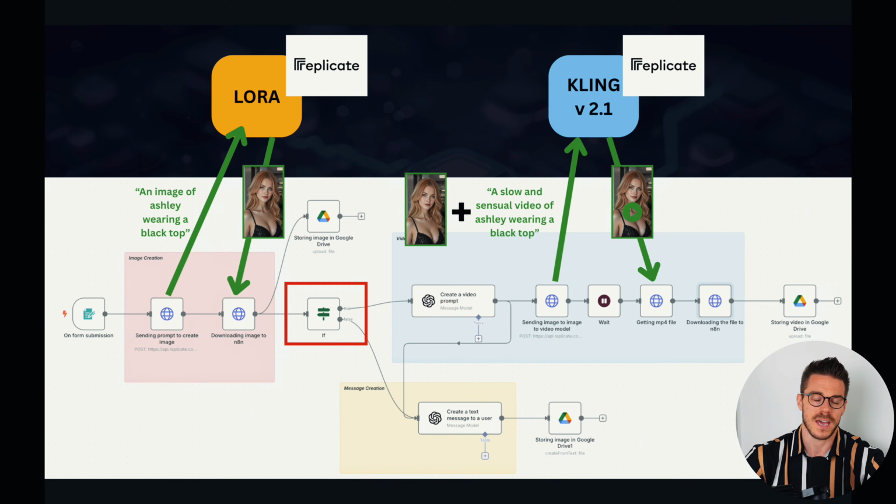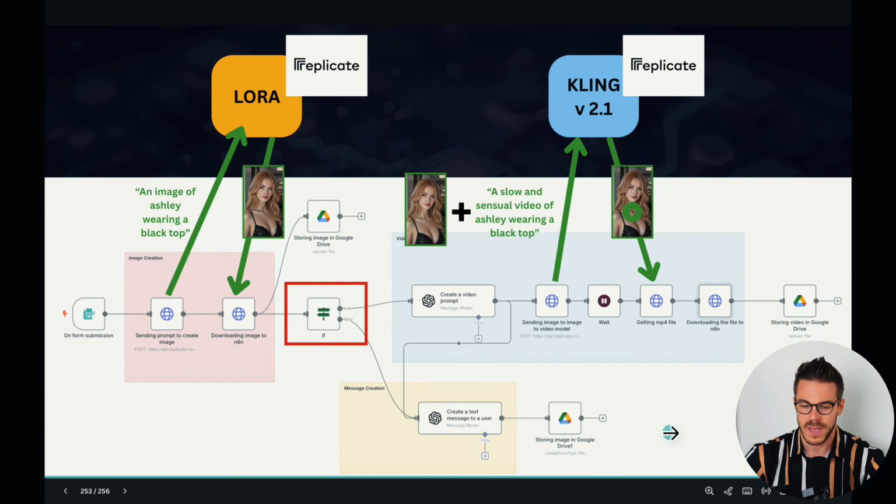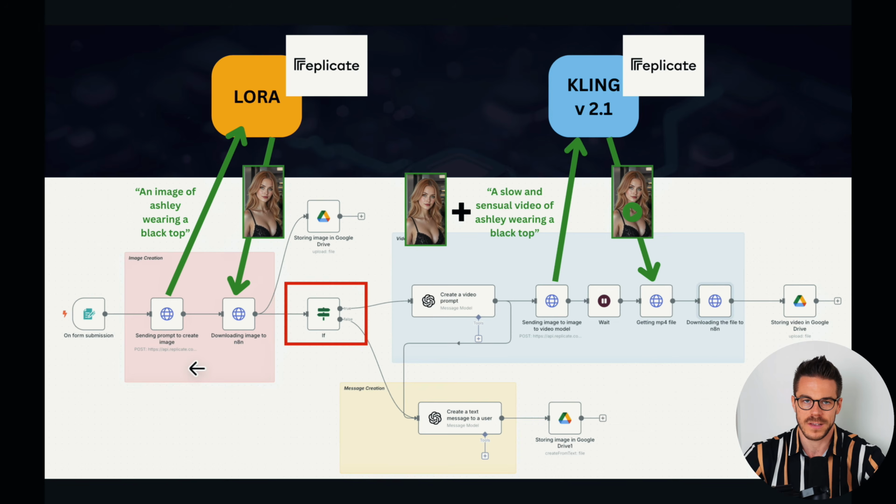And you will see in the end, when we run the workflow, how such a message looks like. And then also the message gets stored in Google Drive, and that's it. You see, the entire workflow is actually super simple. The only challenge is to find out the right data that we have to fill into these HTTP requests. And I will show you now where you find that information.